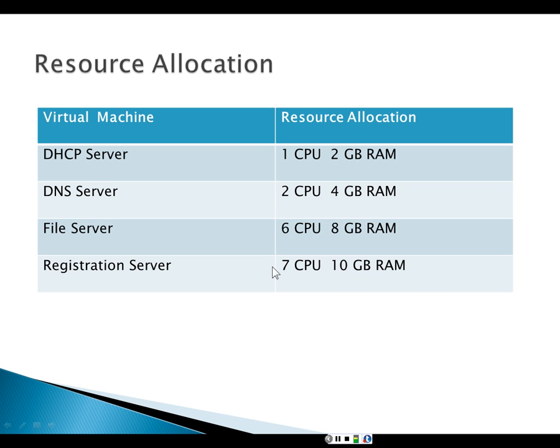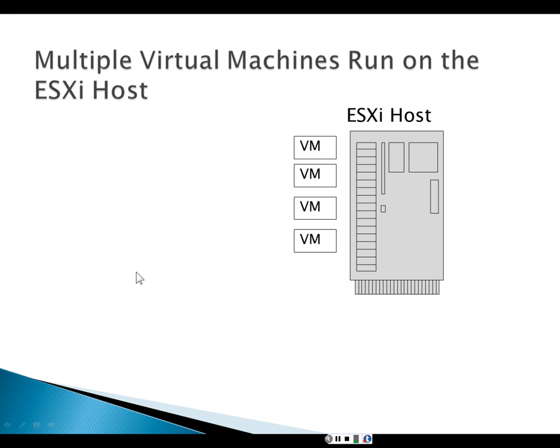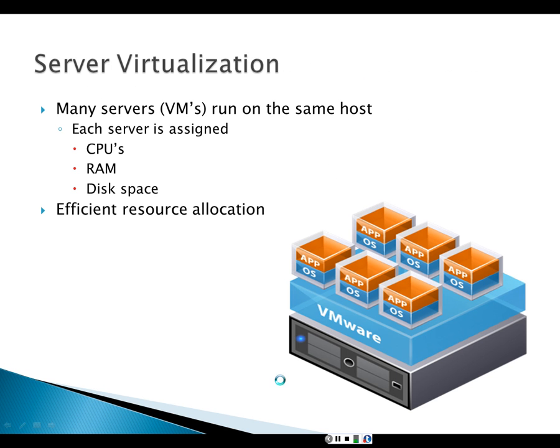We can assign 7 CPUs and 10 gig of RAM to the registration server. Can you do that? Assign 7 CPUs to one server? And the answer is absolutely. That's the whole point of getting VMware vSphere. It allows us to run multiple virtual machines on the ESXi host.